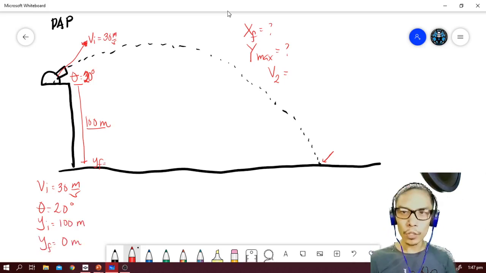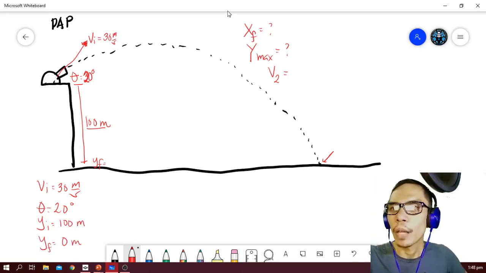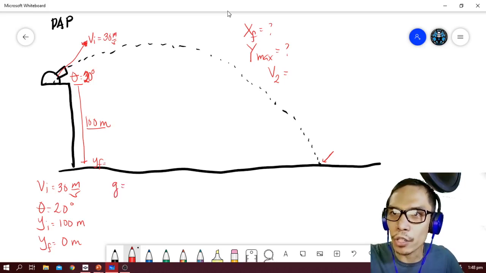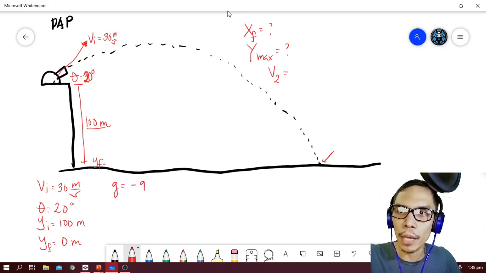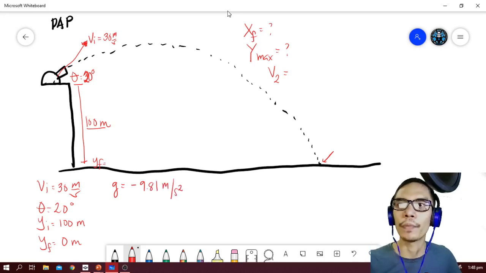Let's also have the acceleration due to gravity, which is negative 9.81 meters per second squared.